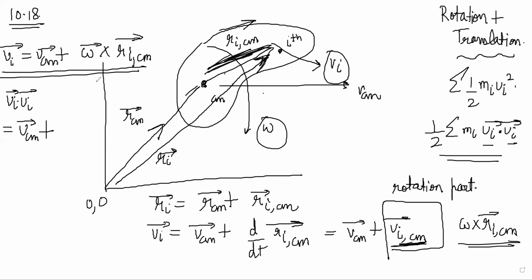He has collected that first term Vi,CM square, then V naught square is also there, and then there are two terms which are Vi,CM dot V naught. So summing over all the particles, the total kinetic energy will be summation of the Vi,CM square terms plus summation of the V naught square terms plus summation of this last term. And that half and the 2 has been cancelled there, in the last one.